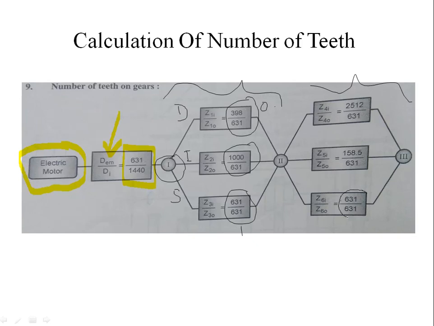If the speed is the same, that is 1. Here the speed is reduced, the ratio is less than 1, so the speed is decreasing, and 2512 divided by 631, the speed is going to increase. So one speed is increasing, one is decreasing, and one is the same.